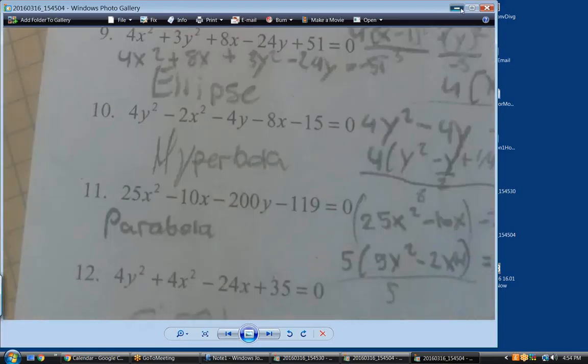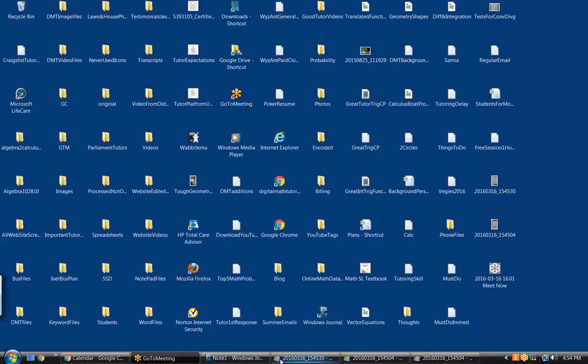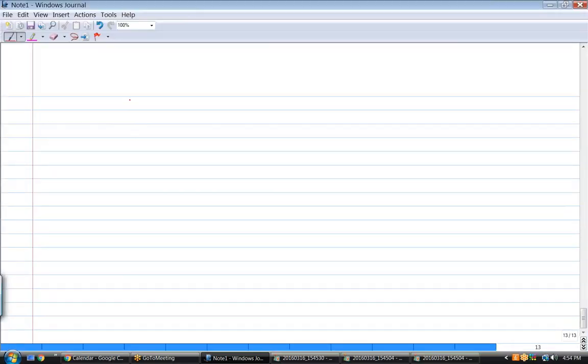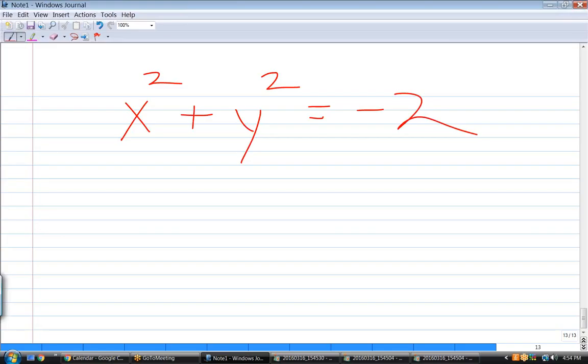Okay. Again, they may not give you a problem like this, but what if they said, what is that? Do you divide both sides by -2?